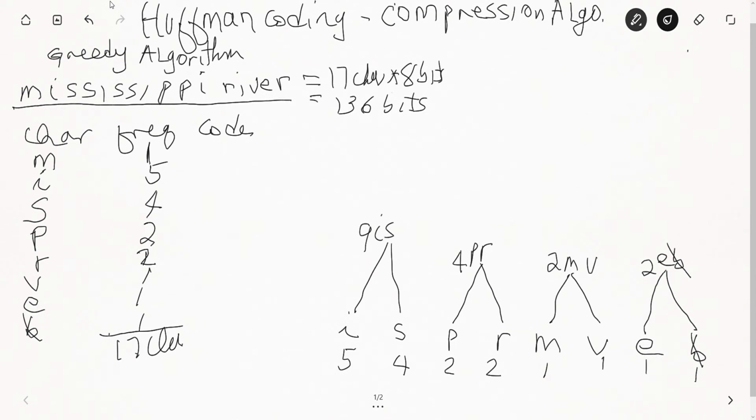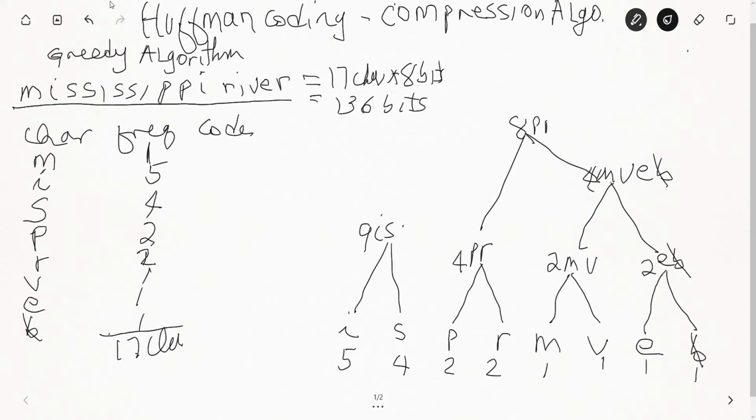Now, these two are together, so I should be able to combine those. That's a 4, M, V, E, and a blank. These two, they're 4 and 4, so if I run these together, this is going to be 8.